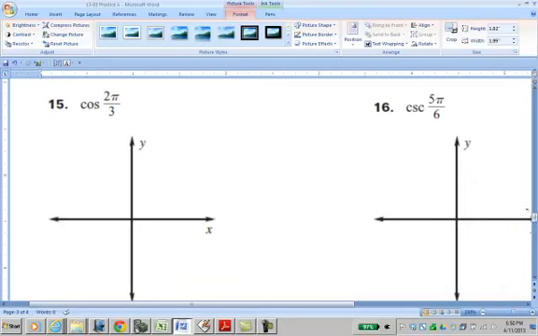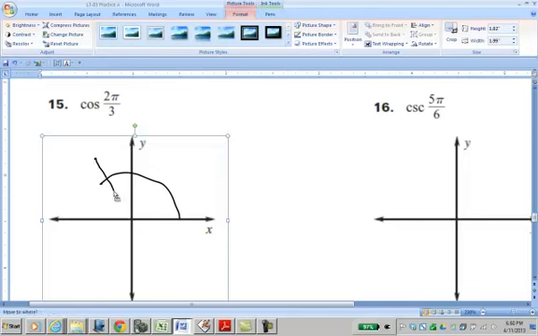Cosine of 2/3 pi. All right. Initial side, we're going counterclockwise, and here's 2/3 of 1/2 of the circle. Draw the terminal side, put a point which is 1 unit from the origin. We got a 60-degree reference, or pi over 3.